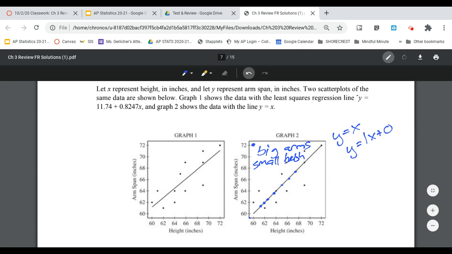Imagine something way up here, extreme. That would have a small height of 60 but a big arm span of 72. Below the line has small arms, big height. Imagine a really extreme point over here. It would have a big height of 72 but a small arm span of 60-ish. So really this line breaks us up into our squares and rectangles.